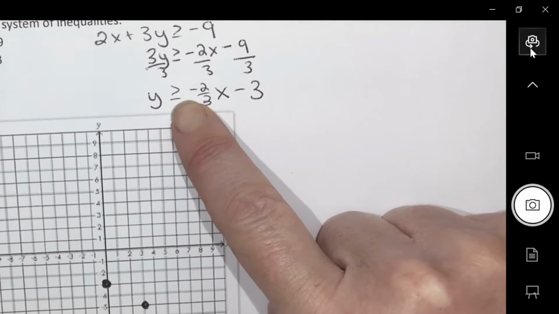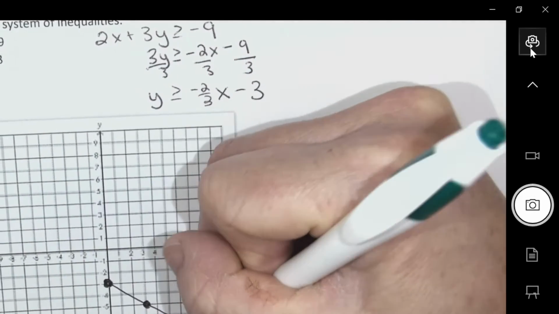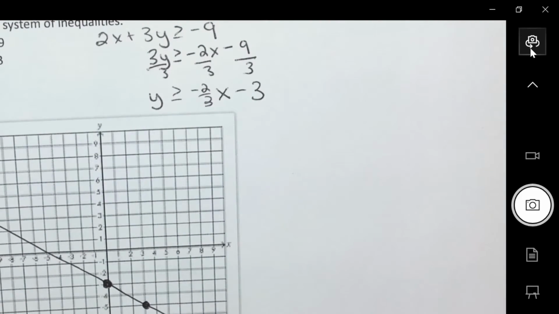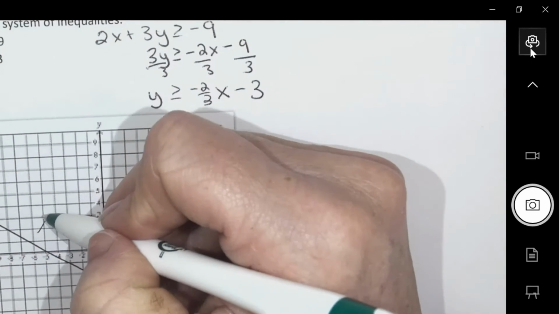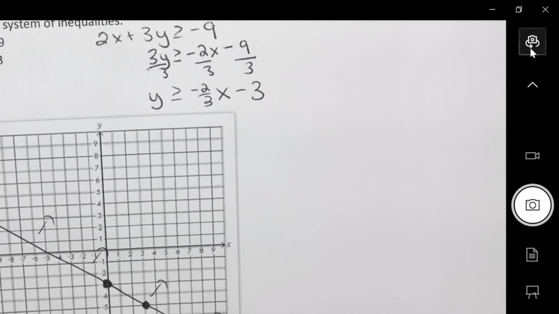This says I'm allowed to be equal to it, so solid. Then I have to pick the side that's greater, so I have to think about which direction would I be angling upward. So I'm going to be going on that side of it, angling upward.